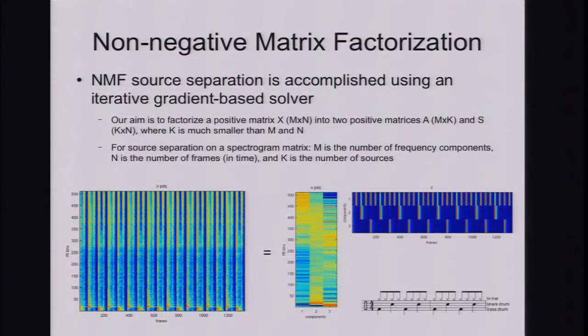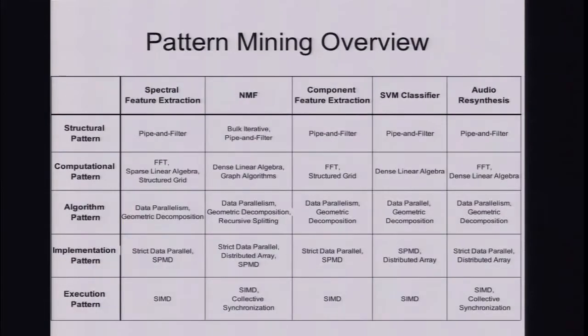So take the sound apart. If you factor this spectrogram, you can pull out these two matrices and have them positive. So this was a real speed up, put in shape by exploiting GPU and parallelism to do this very important task in audio source separation.